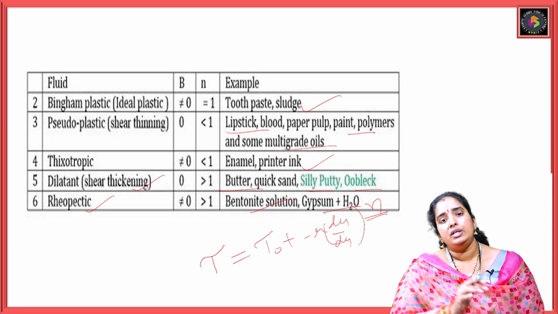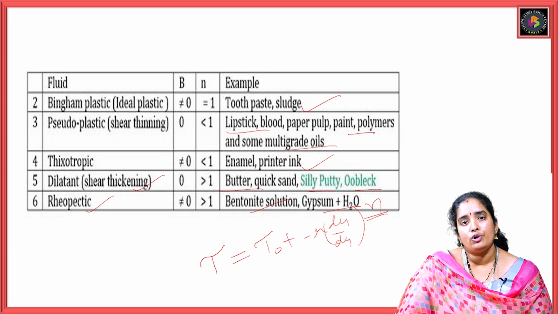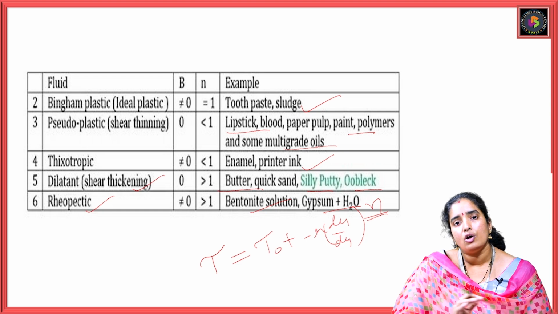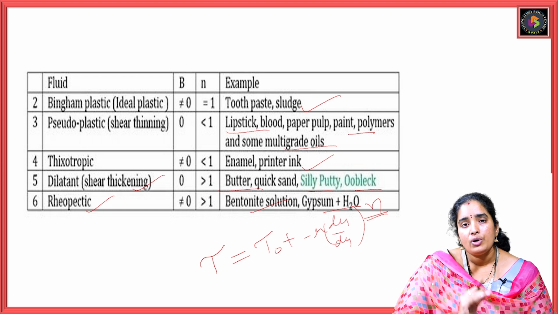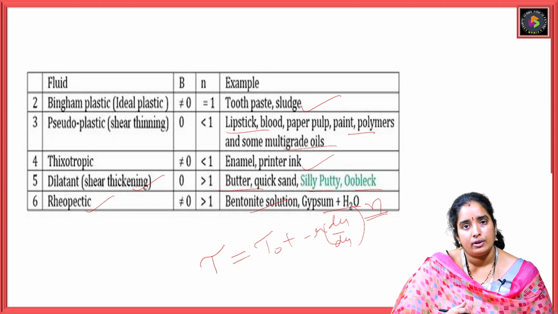In an examination, if they ask you to write the rheological properties of a fluid, you have to start from Newton's law of viscosity. What is the definition of Newton's law of viscosity? Based on it, how are the fluids classified, like Newtonian and non-Newtonian?